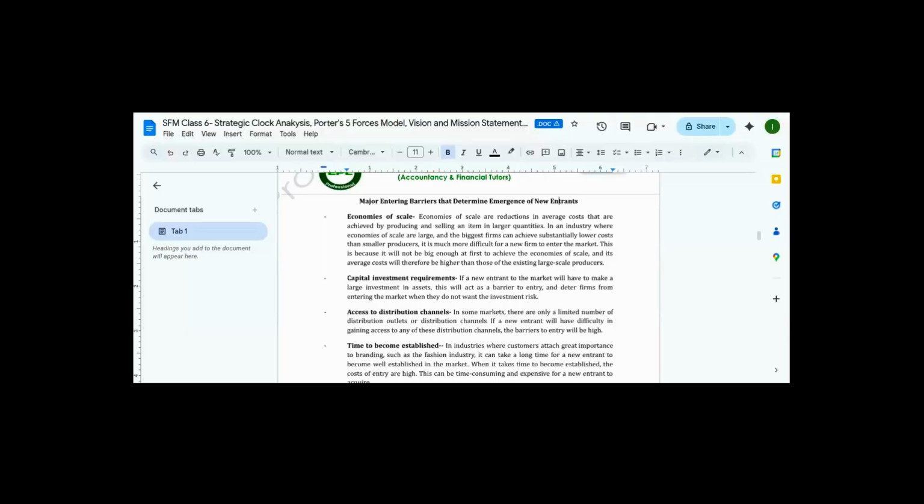The first factor they will consider that determines their emergence is economies of scale. Let me just summarize this. You might not have the time to look at this word by word. So economies of scale means that if the new entrant will have the opportunity to produce in large quantity, sell to a large number of potential customers in the market, and have access to distributors and wholesalers that can sell in mass, then the company will be encouraged to come.